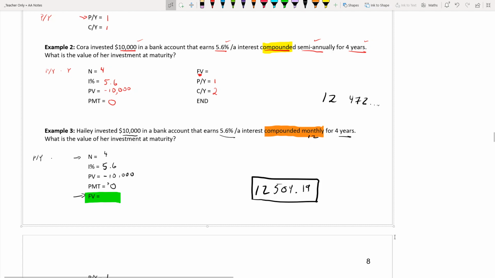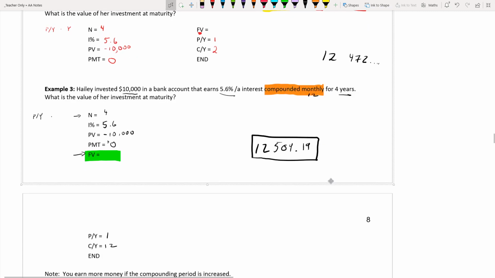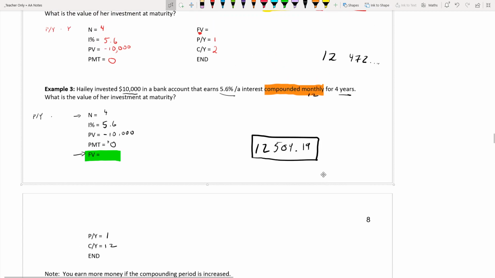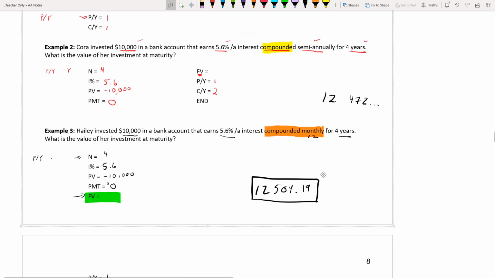How often is interest added? Well, it shouldn't be a surprise that even though we're getting paid the same amount of interest per year, the more frequent compounding occurs, the larger the amount that you'll get. So you will earn more money if the compounding frequency is increased. So let's move on to the next part.